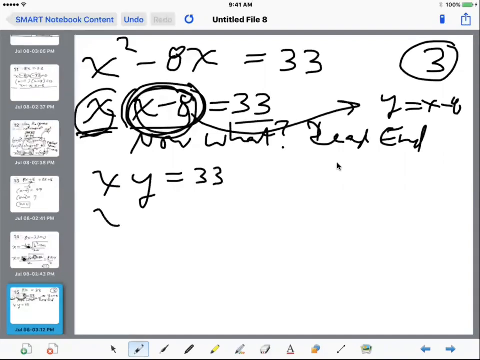So it's x minus y equals 8. These two things that got multiplied together, their product is 33. But the other fact about them is because this is x and this is x minus 8, x is 8 bigger than x minus 8. So x minus y equals 8.